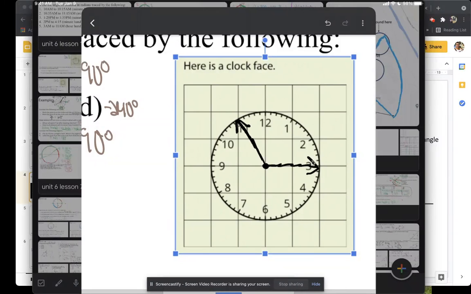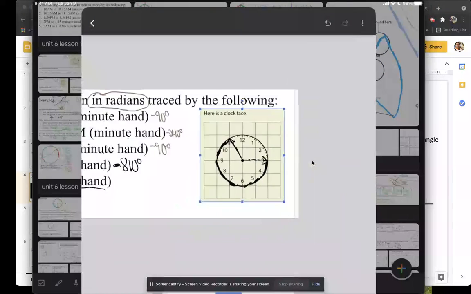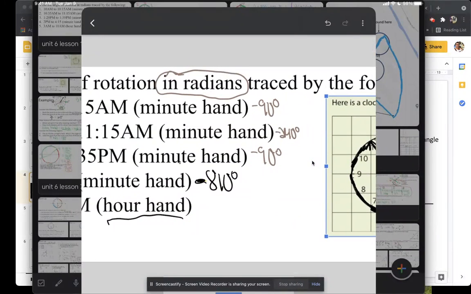So how many spots is that? It goes 1, 2, 3, 4, 5, 6, 7, 8. So it goes 8 spots times 30 degrees per spot, which is 240. But again, it's got to be negative 240 because of the clockwise rotation.